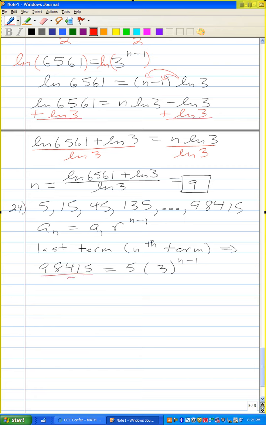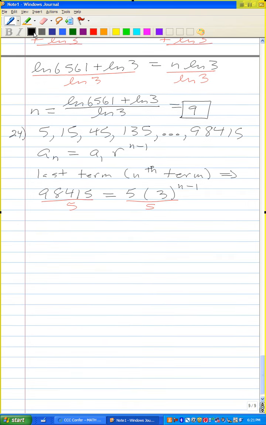Divide both sides of your equation by 5. Then you can solve this exponential equation. 98,415 divided by 5 is 19,683.